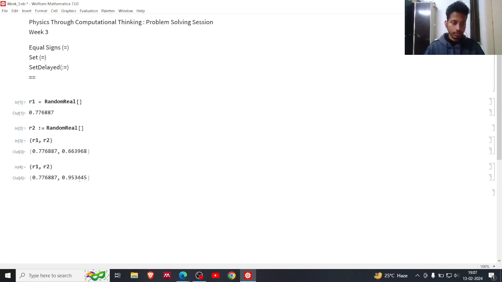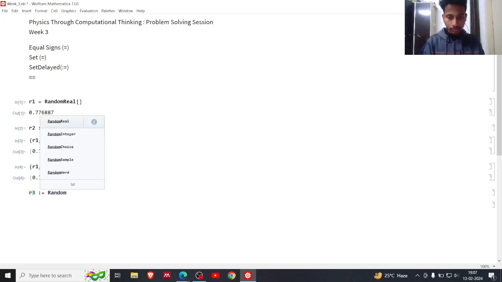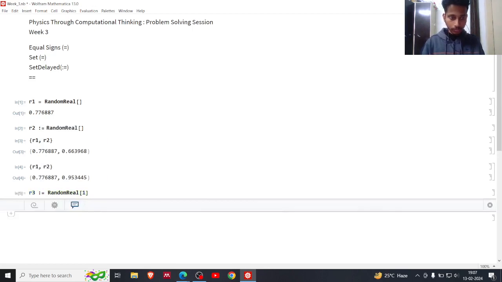That's why you get a different value for R2 at different times, but R1 is always fixed because we have already assigned R1 the value 0.776887.